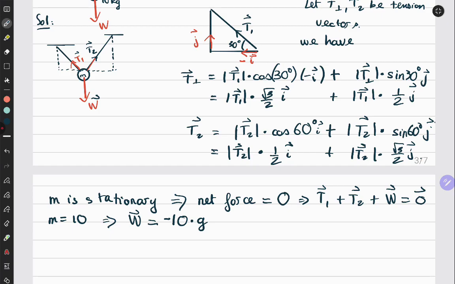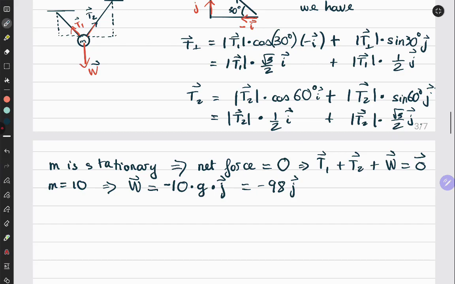Same idea with i and j. In terms of vector, you multiply by j. In other words, that is negative, let's assume G is 9.8, so you have negative 98.